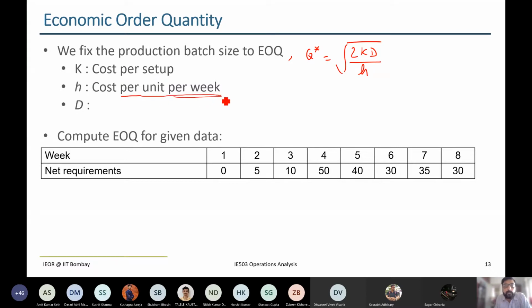We already got the units as week. That means D should also be the demand, not per annum, but per week. The units of H and D should match. So here D, we are going to take as the average demand per week.